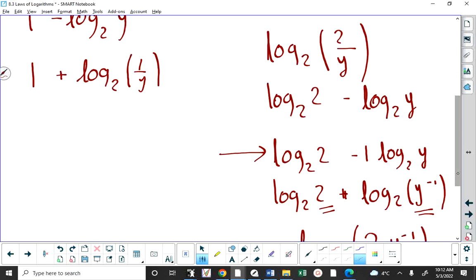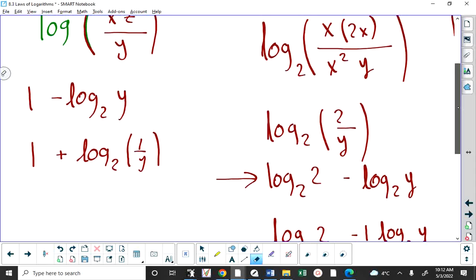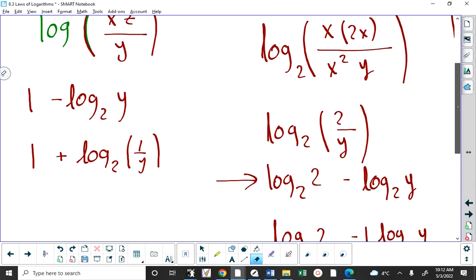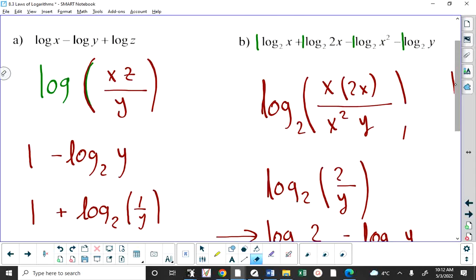Above. What's your question again? On the top one, here? Yes. Why is this y on the bottom? Is that what you're asking?